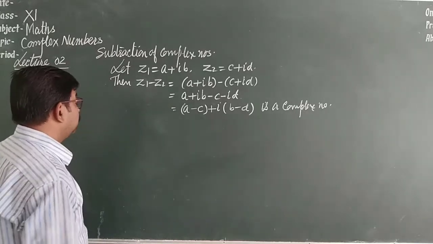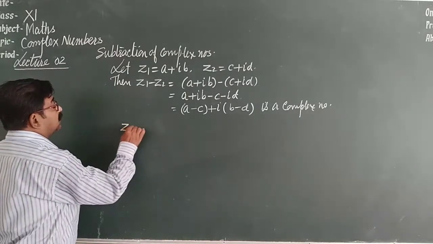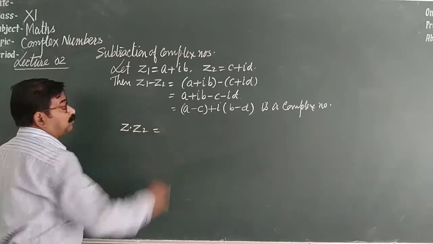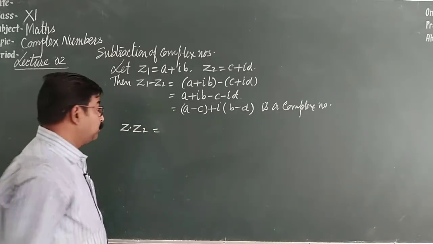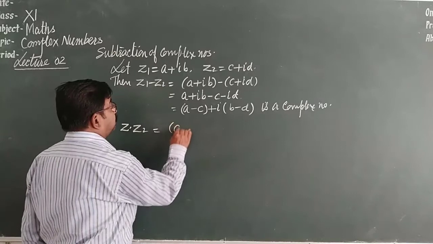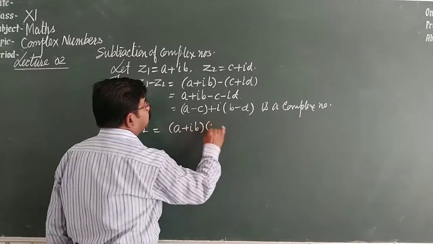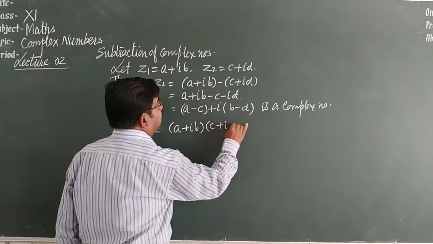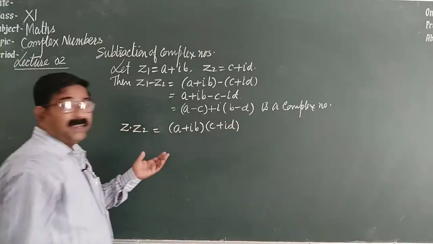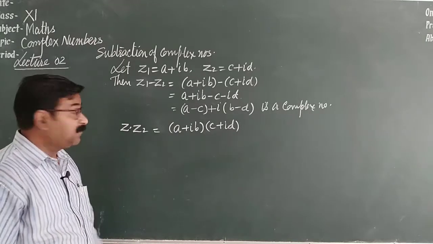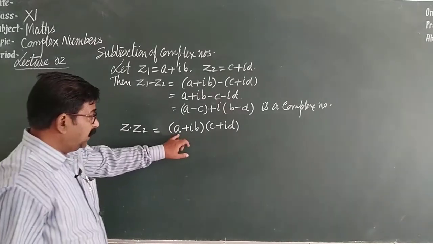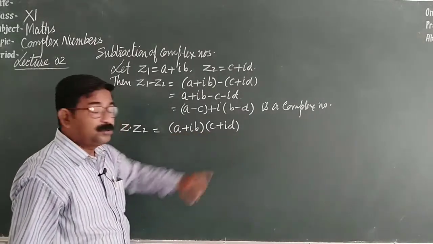Now let's see z1 into z2. So what we have, a plus ib into c plus id. Simply multiply as you multiply two brackets in algebraic form, multiplying a into these two, b into these two.